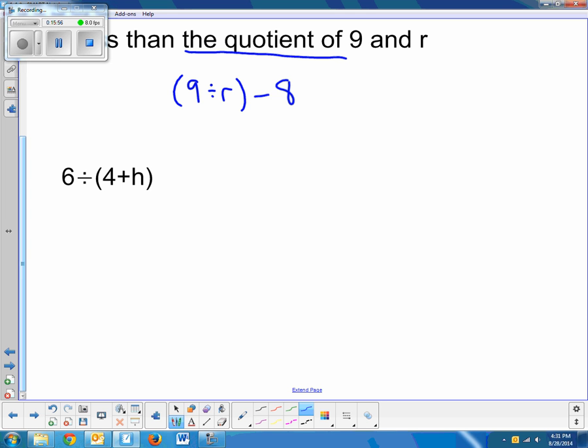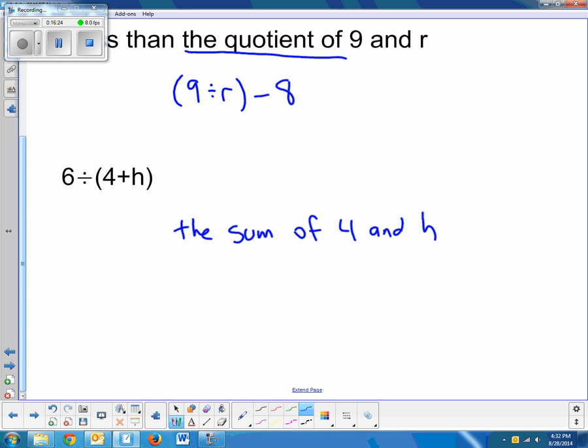So the only way to communicate that is to say the sum of 4 and h. Now I know that the sum has to happen first. The sum of 4 and h, I have to add 4 and h first before I divide. And by saying the sum of, I'm communicating to the reader that that's in parentheses, that has to happen first before the division.